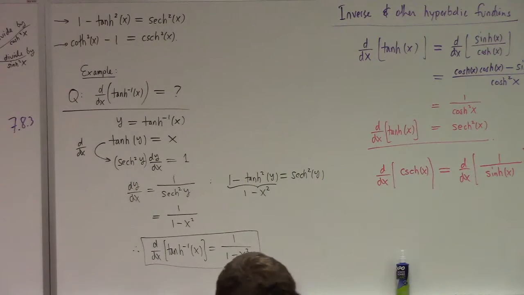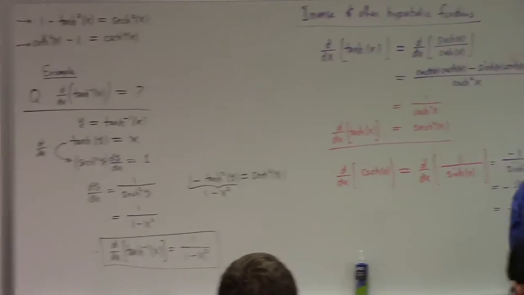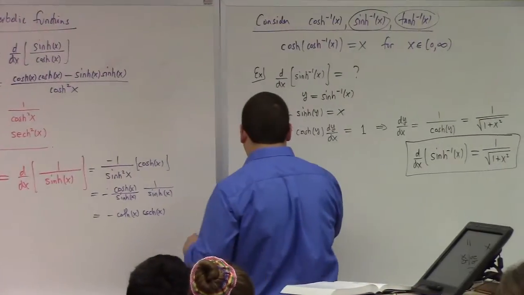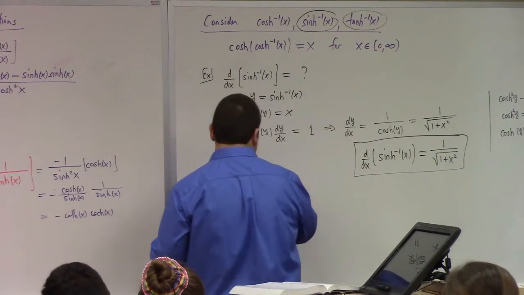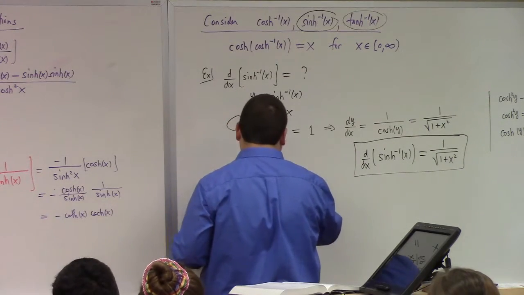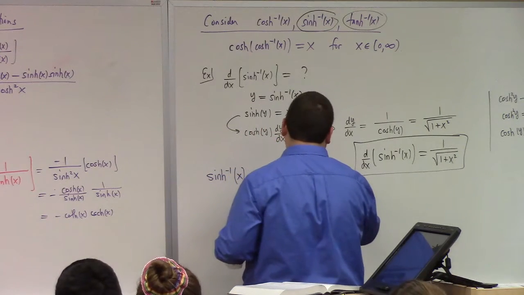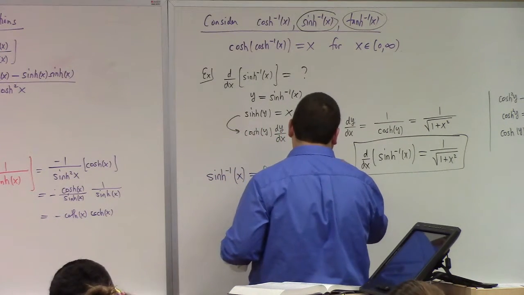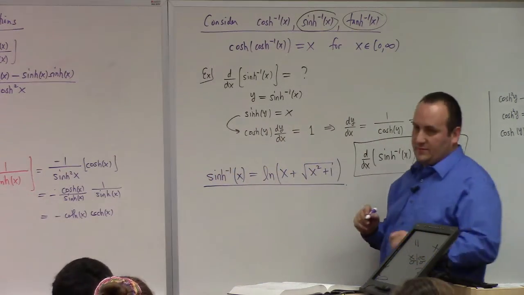If you look at theorem 7.9.2, we're told 3 identities, which are a little bit surprising. For example, inverse hyperbolic sine of x is actually equal to the natural log of x plus the square root of x squared plus 1. The derivation of such identities is actually not that hard, but I probably don't have time to do it today.